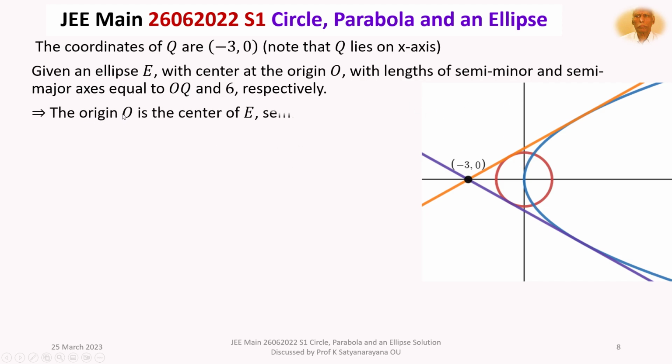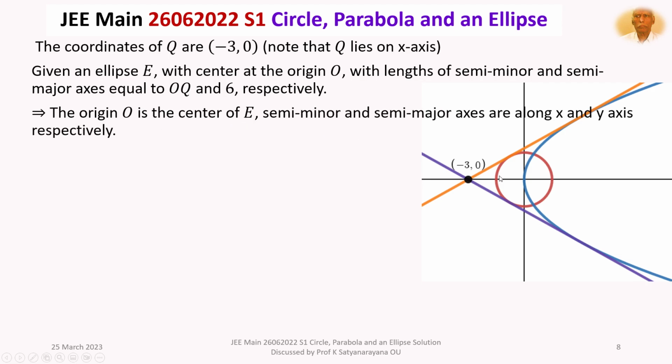And the origin O is the center of E, so the center of this ellipse is the origin, and the semi-minor axis is along the x-axis. Therefore, the semi-major axis must be along the y-axis.